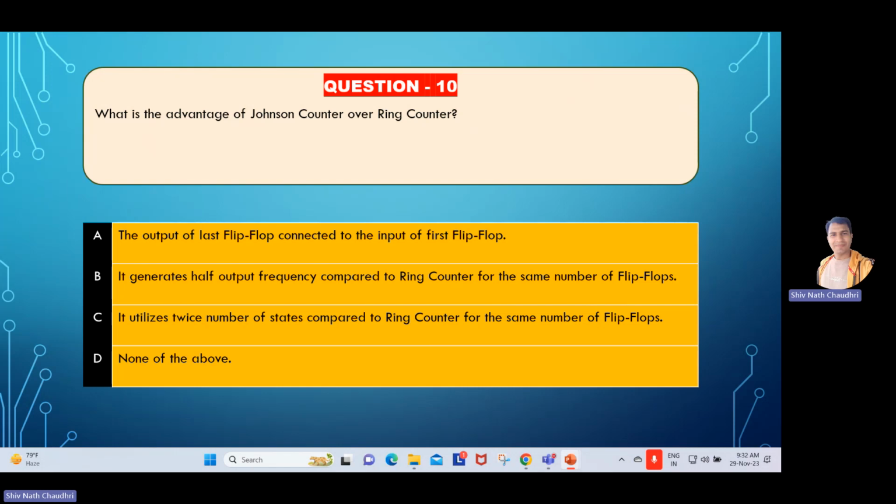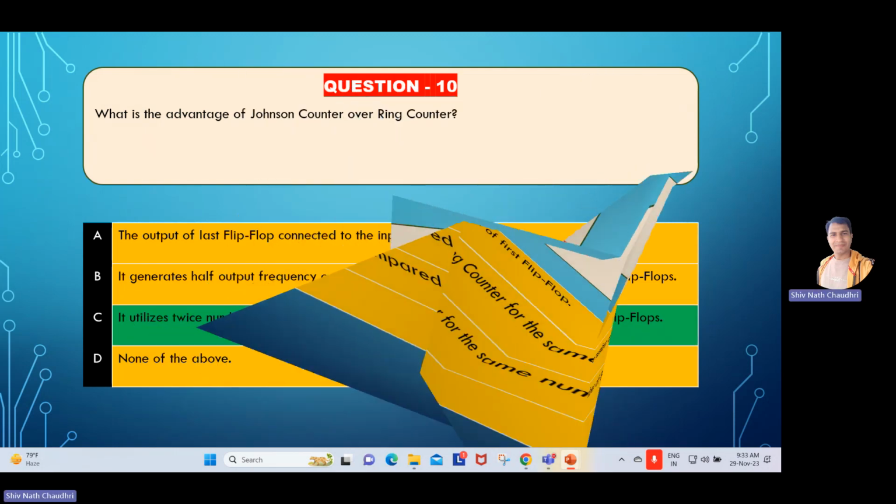The third option is it utilizes twice the number of states compared to ring counter for the same number of flip flops. The question asks for the advantage, and option C reflects the advantage: it utilizes twice the number of states compared to the ring counter. So I think option C is right for this question number 10. Yes, option C is right.